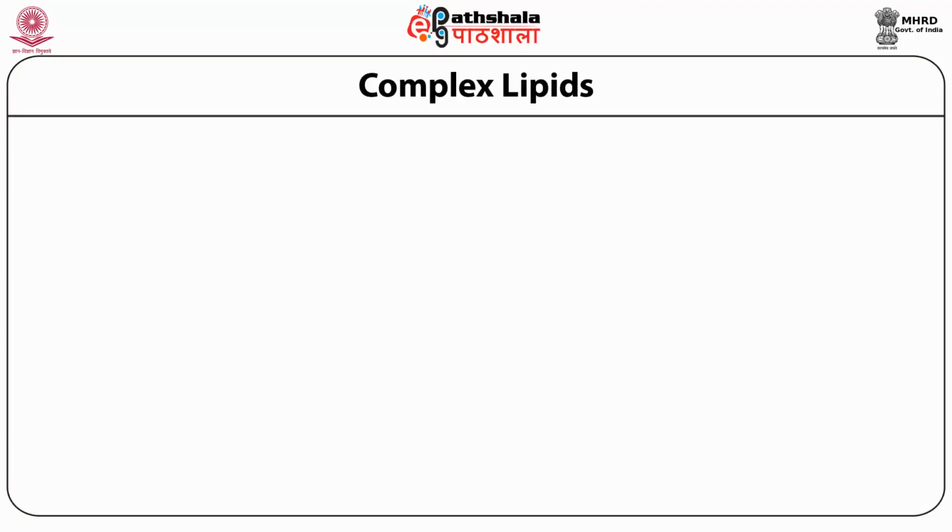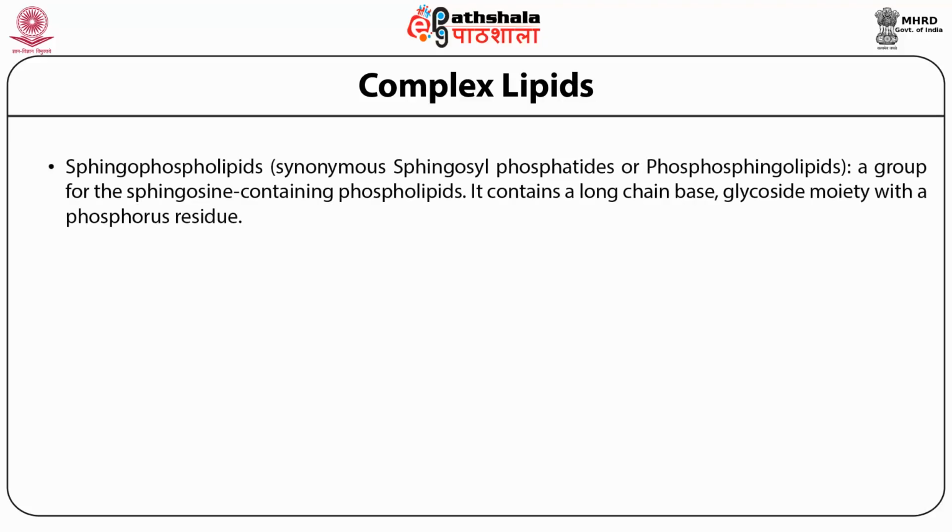Among the three categories of phospholipids, sphingophospholipid is the second category, which is synonymously known as sphingosylphosphatides or phosphosphingolipids. These are the group of sphingosine-containing phospholipids.